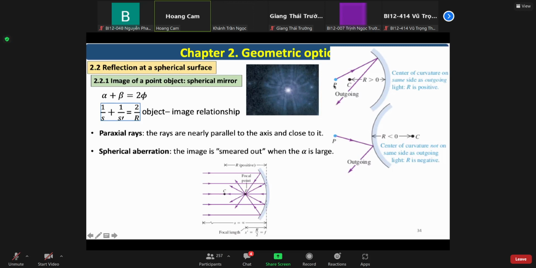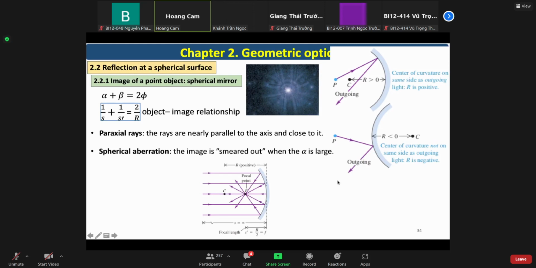And the object point P here, the incident ray, when it strikes the spherical mirror, it reflects as the outgoing ray like this one.